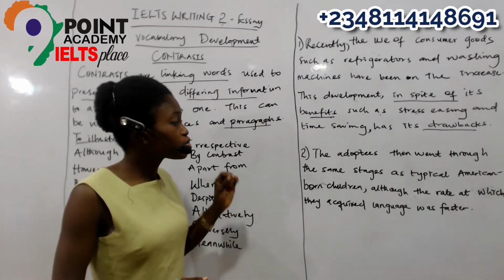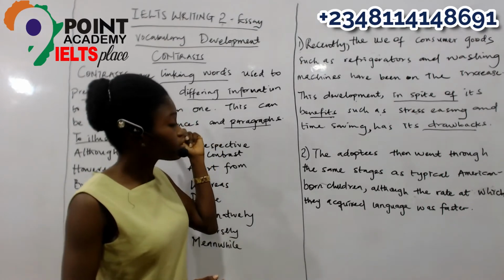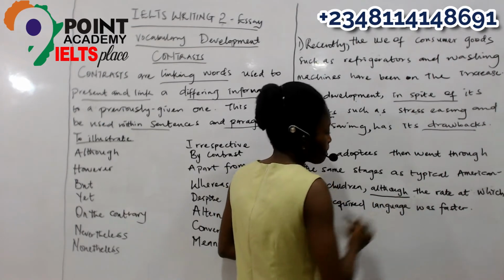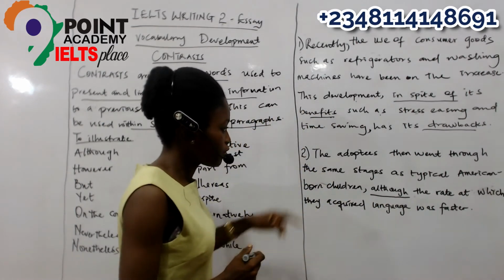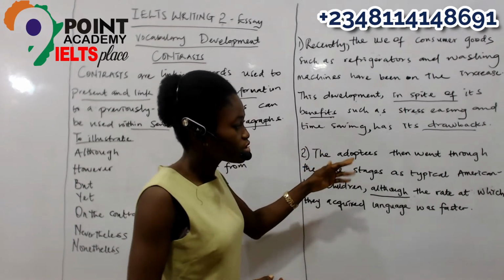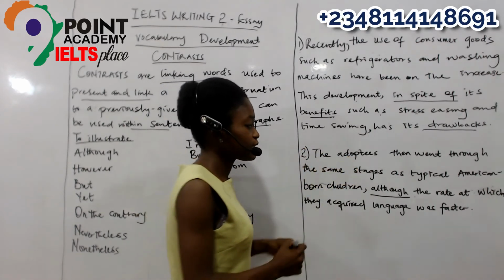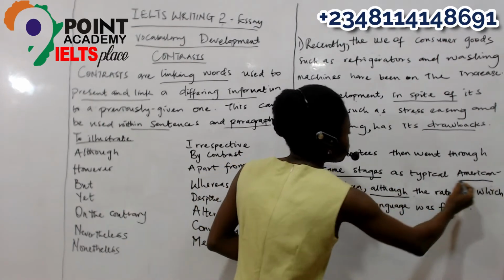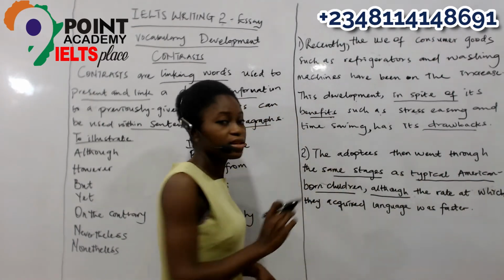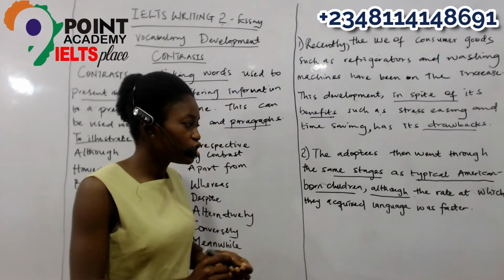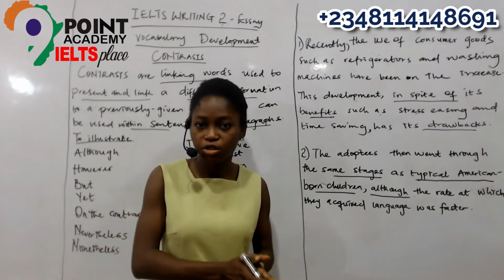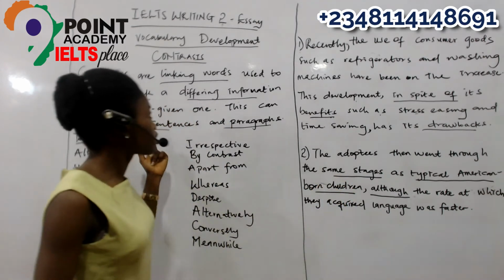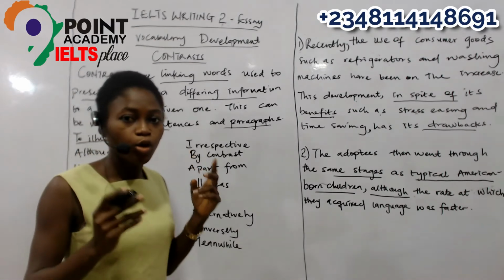Now the choice of contrast here is although. Now what you have here from the beginning is the adoptees then went through the same stages, that is, they went through the same stages as the American born children, which is the first information. Now, because you need to add a different information to that, you then need to introduce the contrast in order to make complete sense.